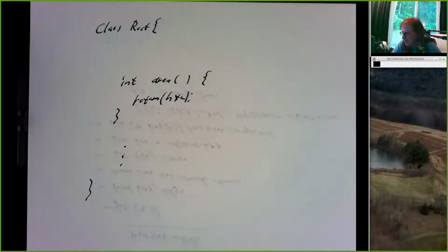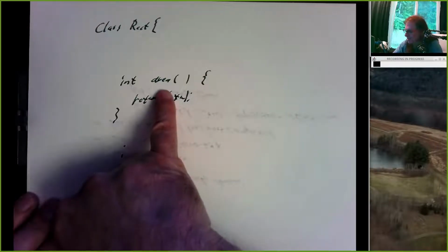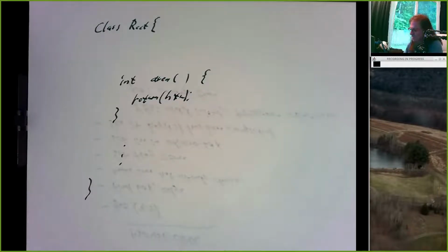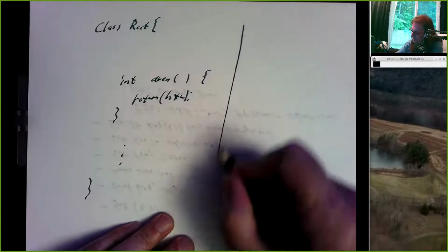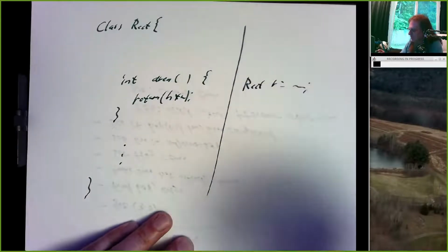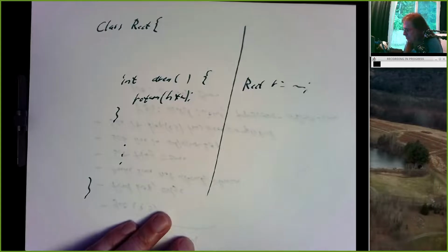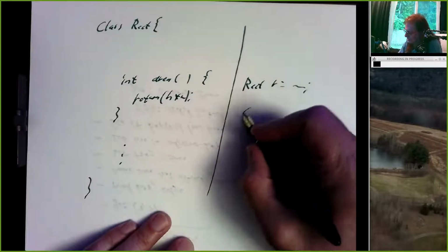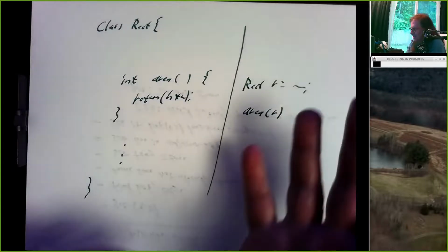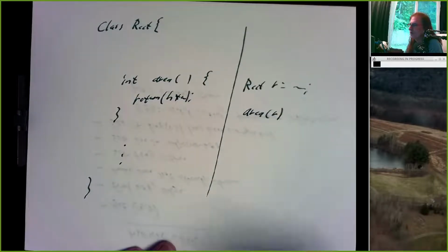But in Java, it looks a little different because, for example, there's an area method, right? And if we have a rectangle named R that we've constructed somewhere, and we want to find its area, we don't want to say area(R). That's a C version of how we would call a function.